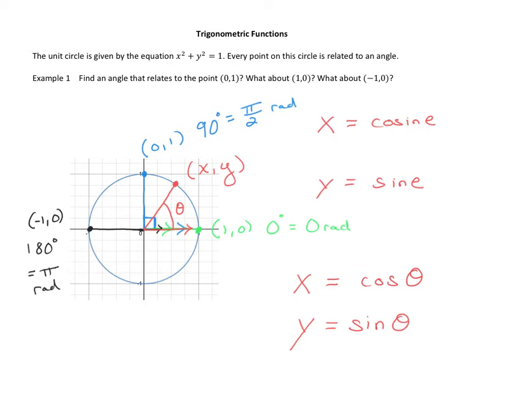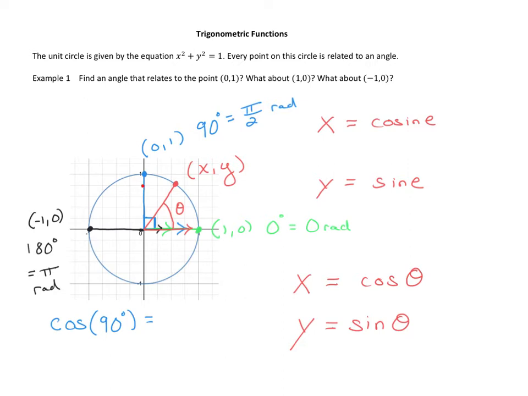So if we want to check a couple of the points that we used here, let's focus on this very first one that I drew on the unit circle. This was the point (0, 1), so that's 0 for x and 1 for y, and the corresponding angle was 90 degrees. So what is cosine of 90 degrees?